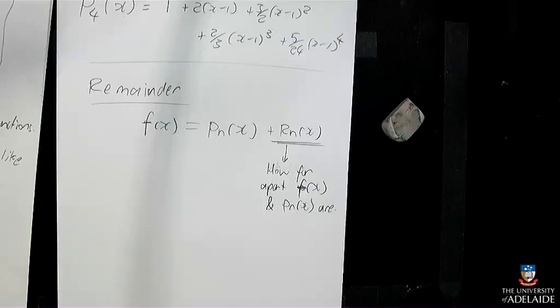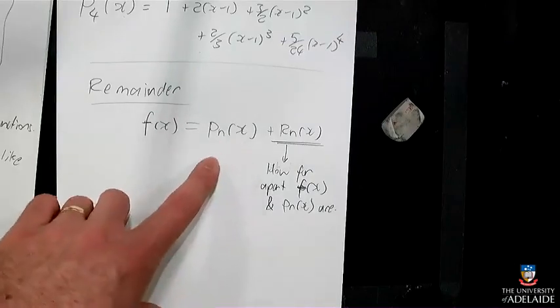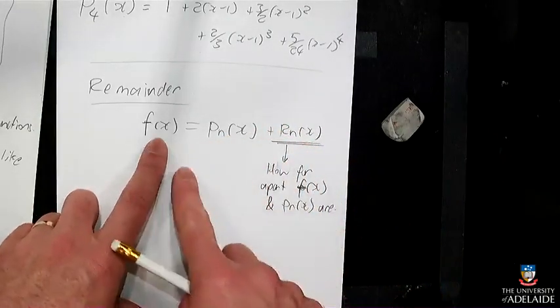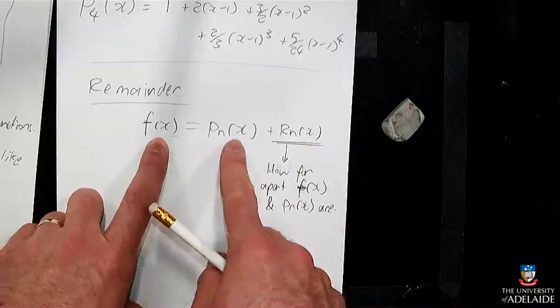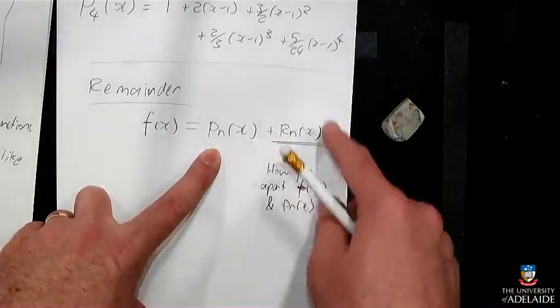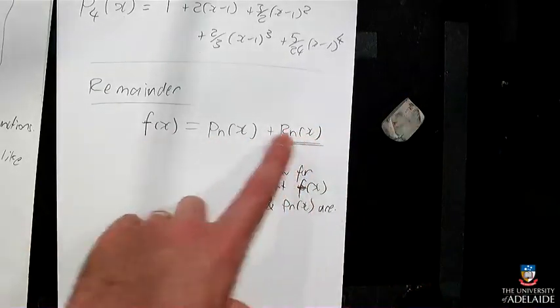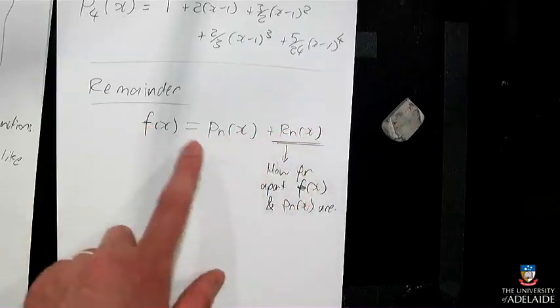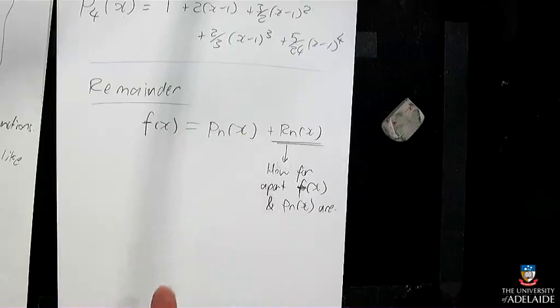So let me think about this. If f of x is above Pn of x, we'll have to go up a bit, and so this will be positive. But if f of x is a little bit below Pn of x, we'll have to go down a bit, so this would be negative. So if this is positive, f of x is bigger than the estimate, and if this is negative, f of x is smaller than the estimate.